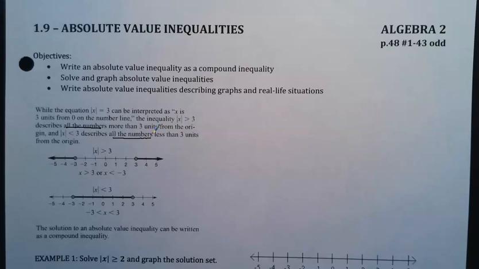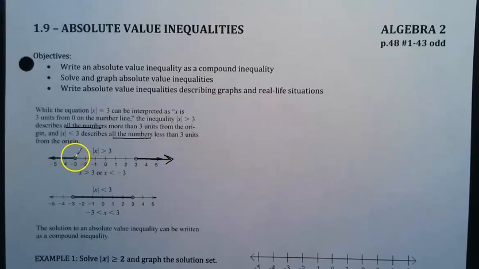So when we're graphing this, the absolute value of x is greater than 3, we are getting all the numbers that are more than 3 units from the origin. So it's not 3, so we have that open circle, and it's going to the right for the positive side.